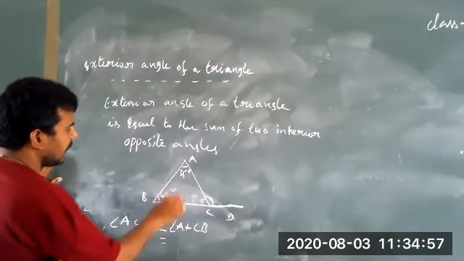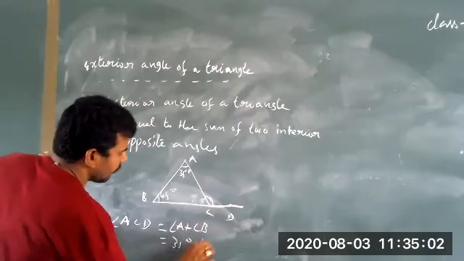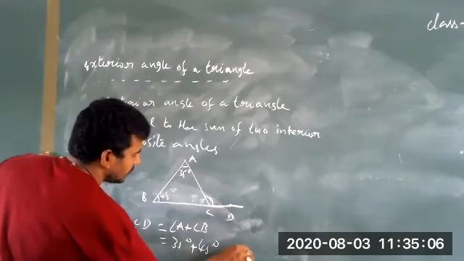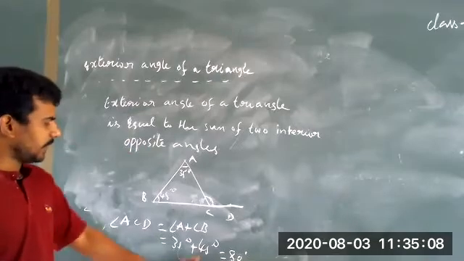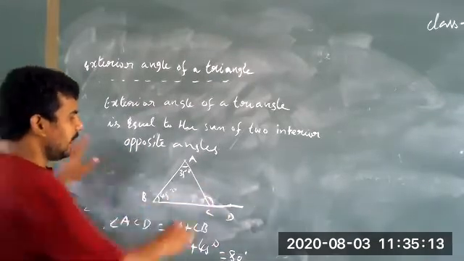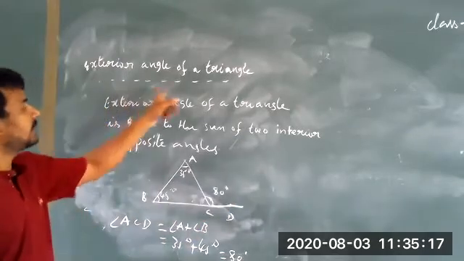Angle A how much? 35 degrees. Angle B how much? 45 degrees. Total how much? 80 degrees. 35 plus 45 is 80 degrees. So angle ACD is 80 degrees. This is the exterior angle property.